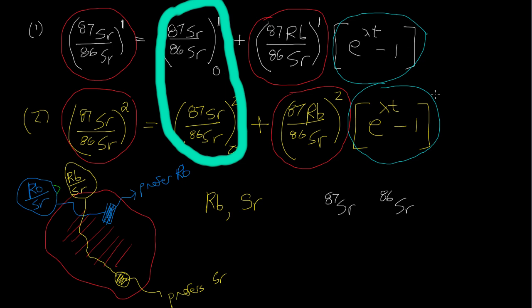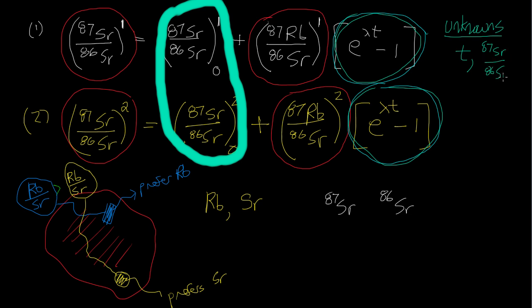So, continuing on here, our unknowns between these two equations are the time, which affects these identical terms here, right? So that term is an unknown, and the initial ratio of strontium-87 to strontium-86, which is the same in both samples.